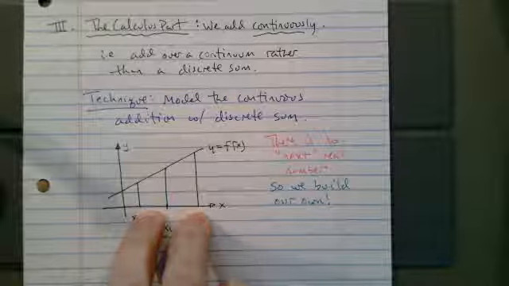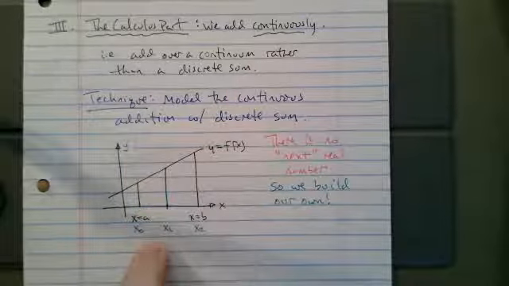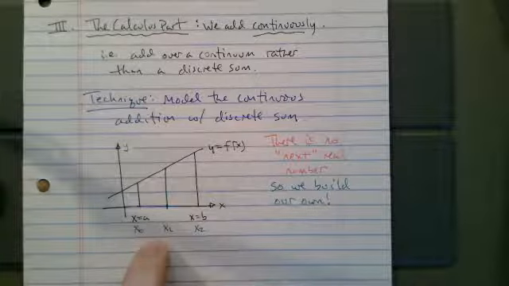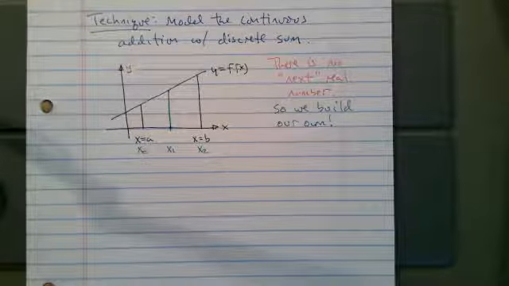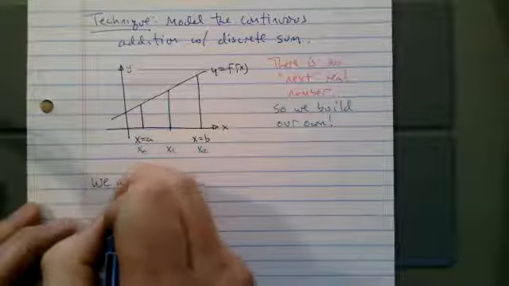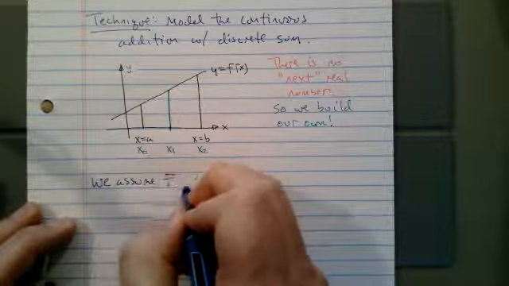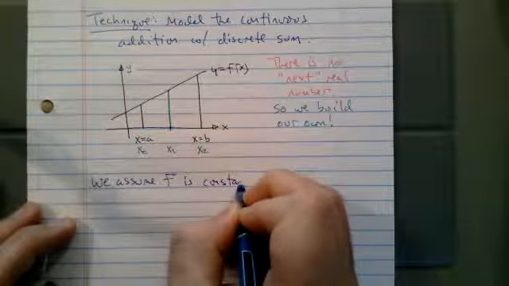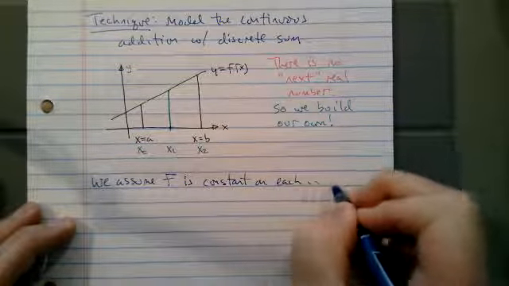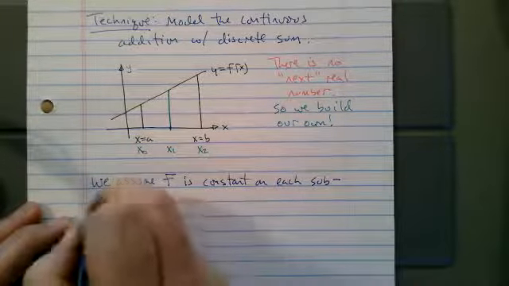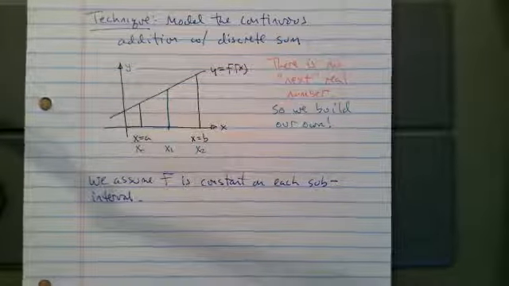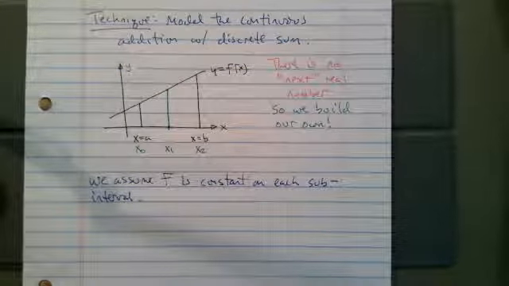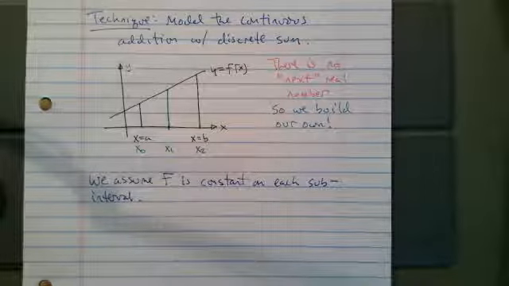I'm going to assume that the function is constant on each subinterval, so that I can get away with multiplying.